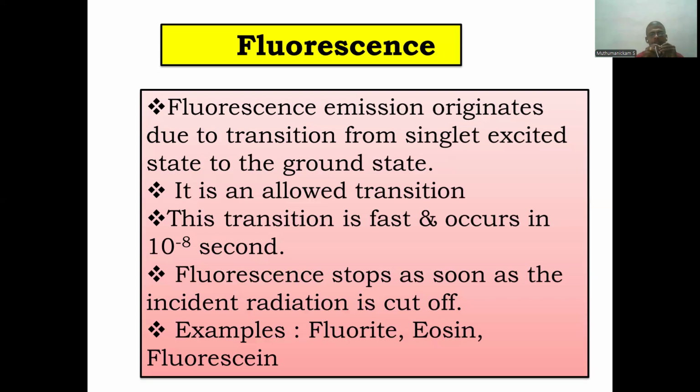What are the examples? Fluorite crystal, and eosin dye shows fluorescence. Another one is fluorescein, a green colored substance, which also shows fluorescence. Fluorescent dyes also show the process, namely fluorescence.